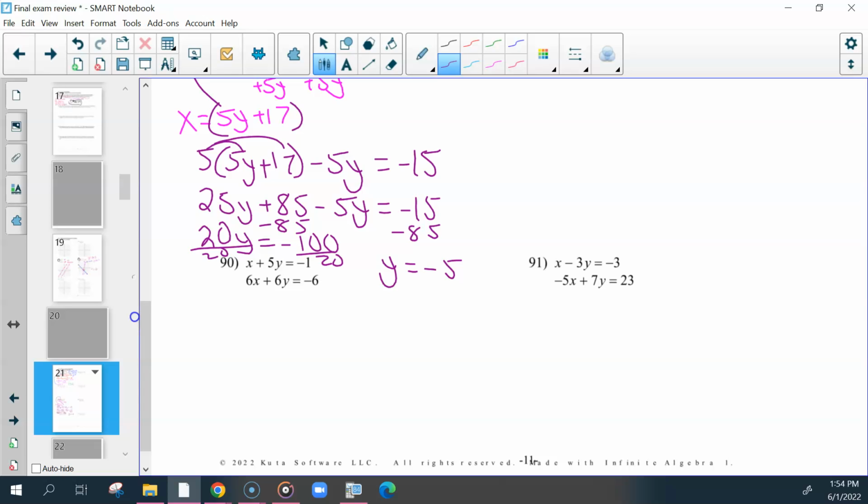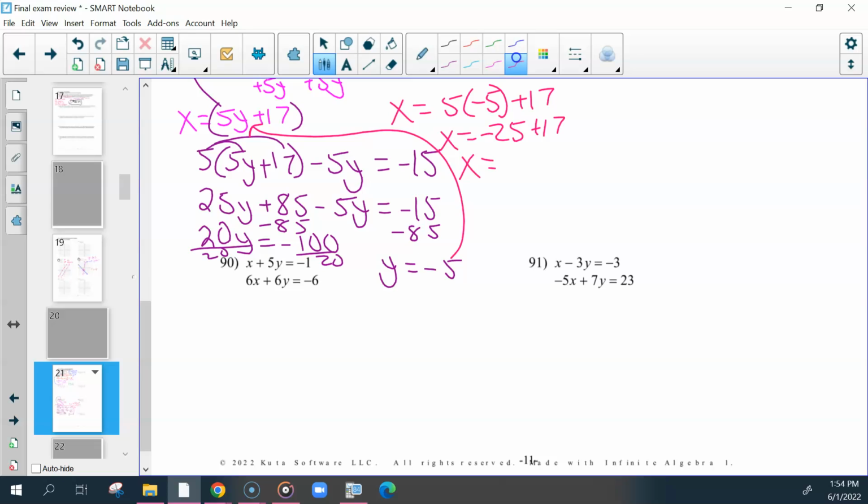Then we have to go back and find our x value by putting that value in for our y up here. The x equals 5 times negative 5 plus 17. 5 times negative 5 would give us negative 25.